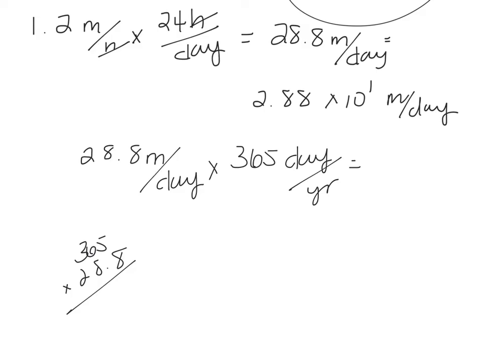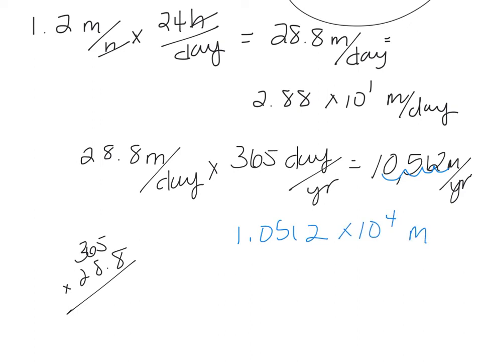And when you're done, you will get the answer, 10,512 meters per year. And in proper scientific notation, it's 1.0512, oh, forgot my 10 to the 4th, times 10 to the 4th meters per year.